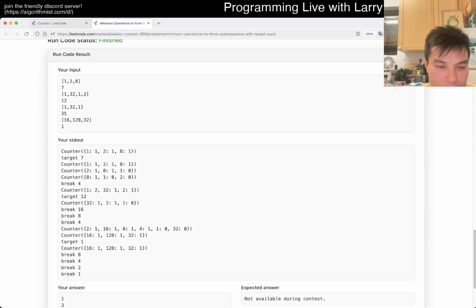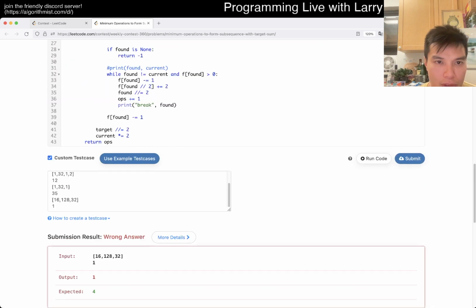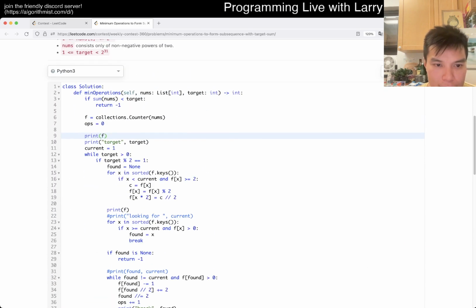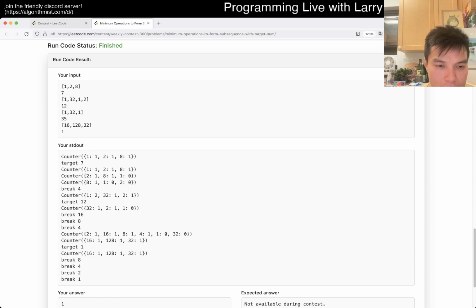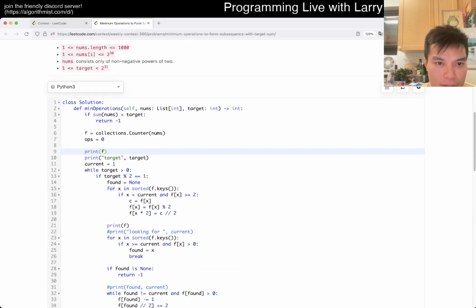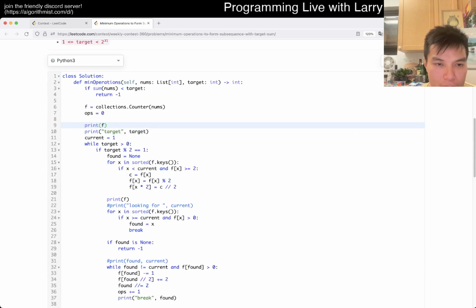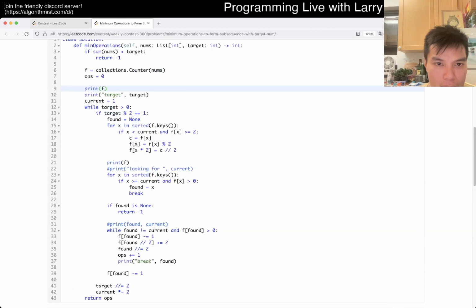Okay, so this counter is wrong, is it? Oh no, there's 2. So then the 2 goes to 1. Right, so it combines. It tries to find 4. Oh, target is wrong, isn't it? Target is remainder.